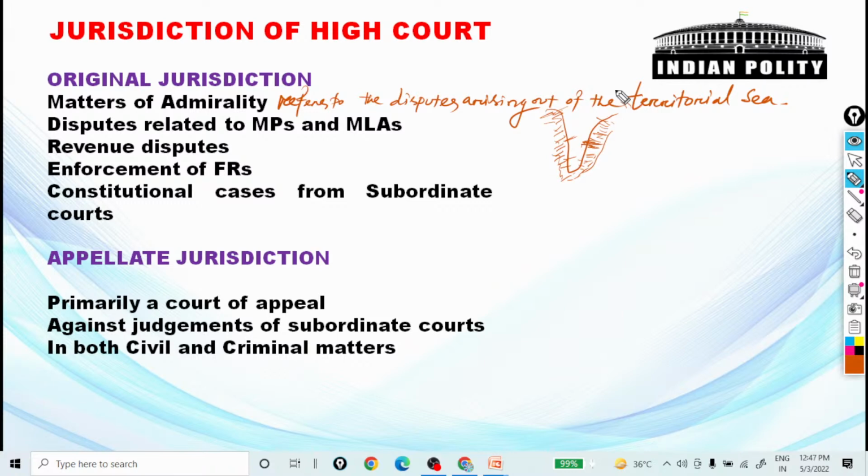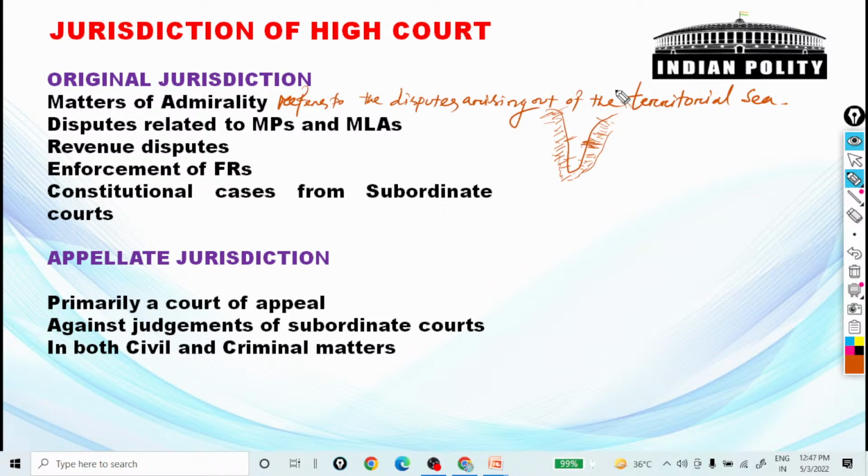Then election disputes related to MPs and MLAs of the state are also the original jurisdiction of the High Court. Any revenue disputes within the state come under the High Court. And enforcement of fundamental rights is also a jurisdiction of the Supreme Court. It is a common original jurisdiction because of the primacy and supremacy of the rights in the Indian Constitution.